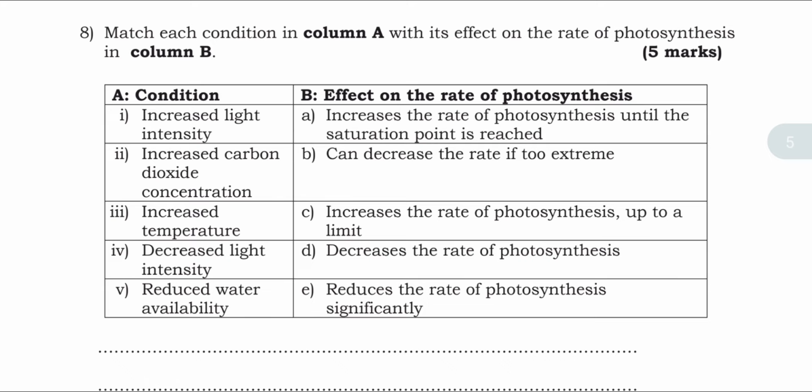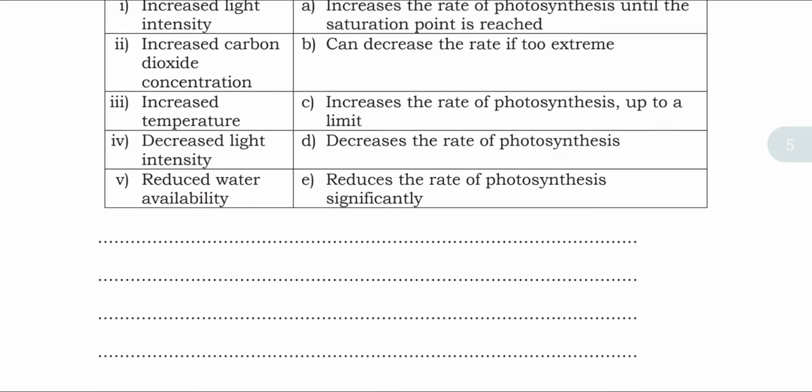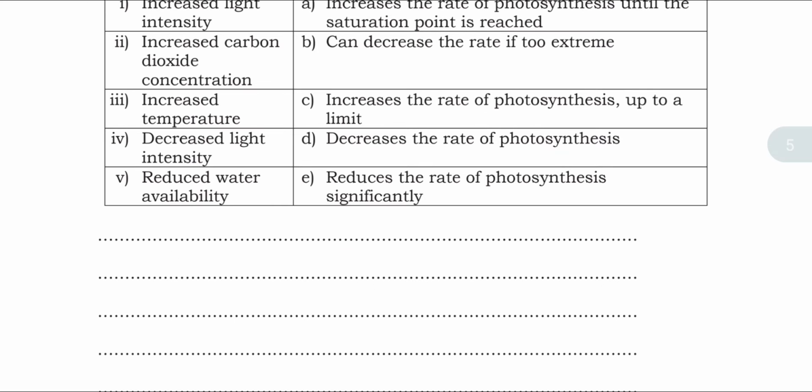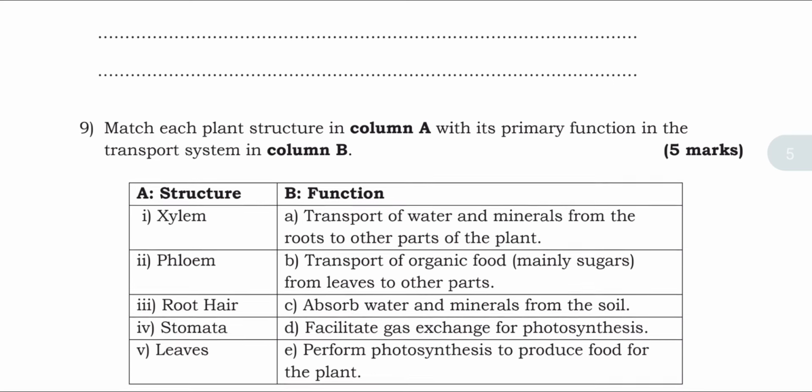Can decrease the rate if too extreme. Increase the rate of photosynthesis up to a limit. Decrease the rate of photosynthesis. Reduce the rate of photosynthesis significantly. You have to match correctly and write it in the space provided.